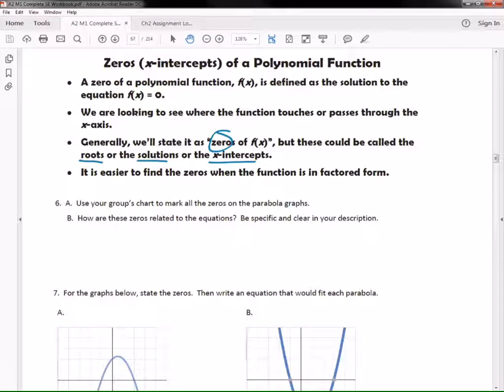Well, that's kind of confusing. Here, let me write f of x, let's see, standard form. x squared plus 2x plus 1 equals 0. The solution to this equation would be any x value that would make it equal 0. Now, I wrote a really simple one. And you could probably guess some numbers and see if it works.